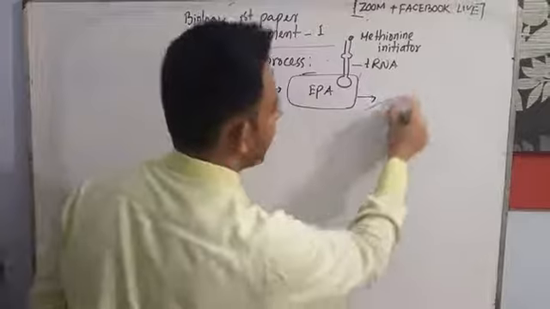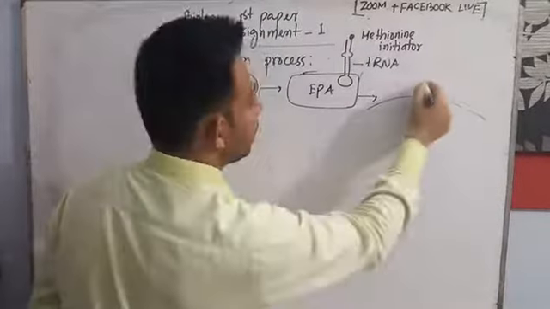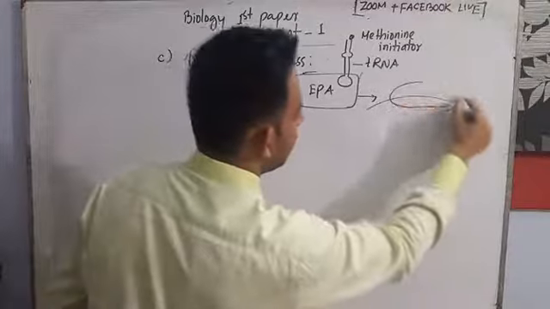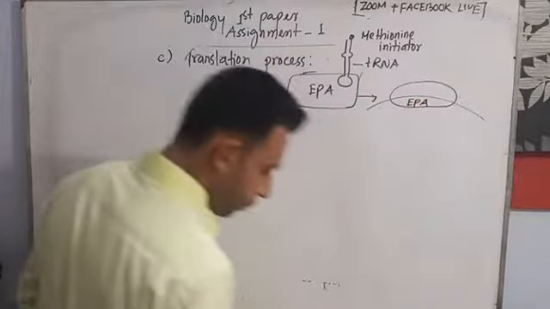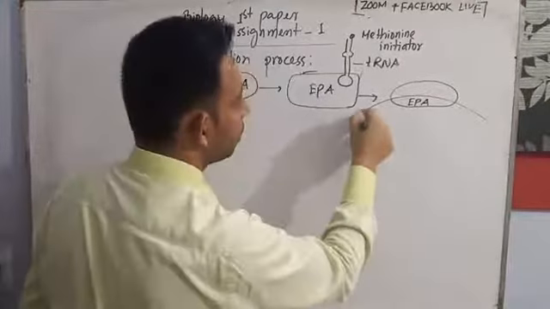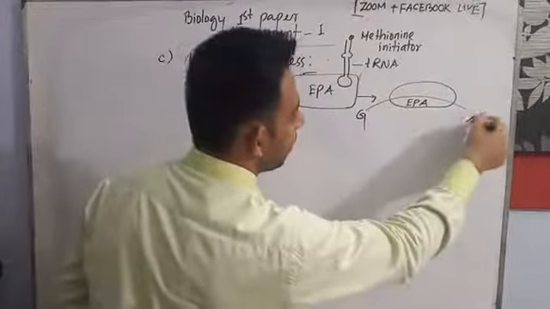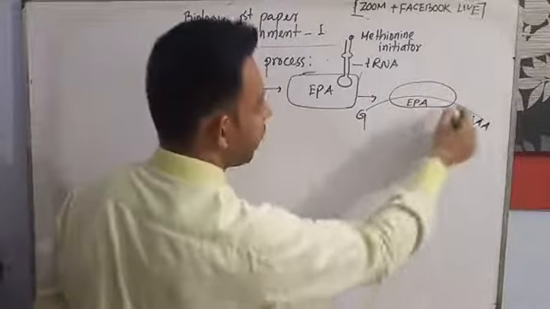What is our strand there? And EPA will be there. And I can say here G, suppose AAA. Okay, the mRNA strand.